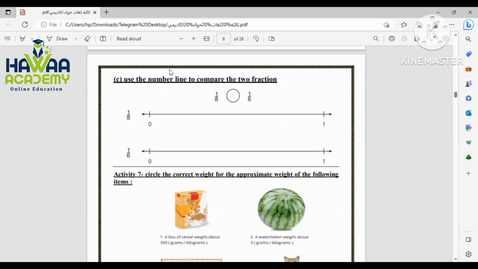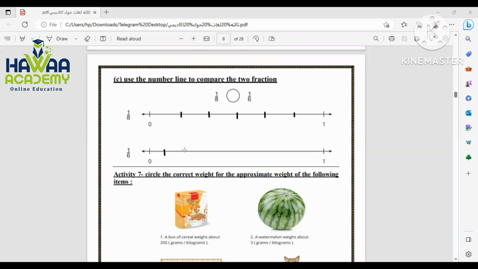Okay, the first number line I will cut into 6 equal parts. 1, 2, 3, 4, 5, and this is 6 in here.